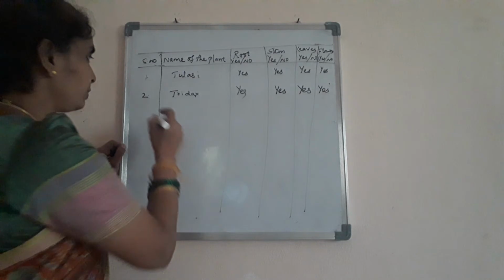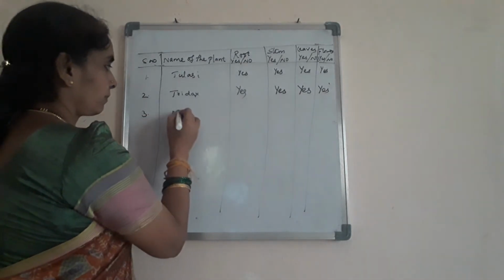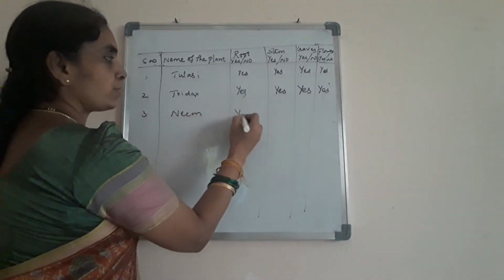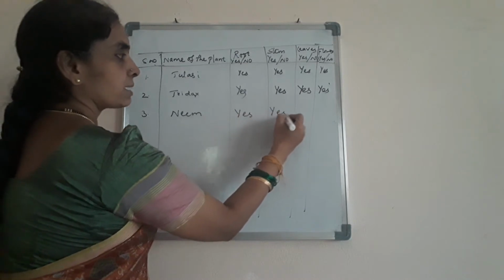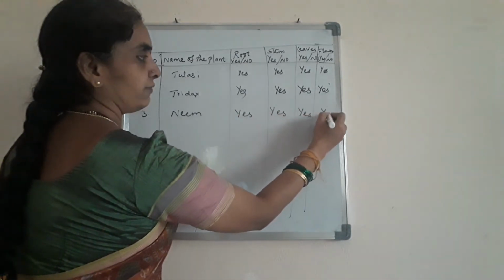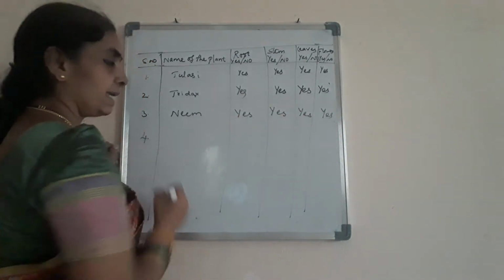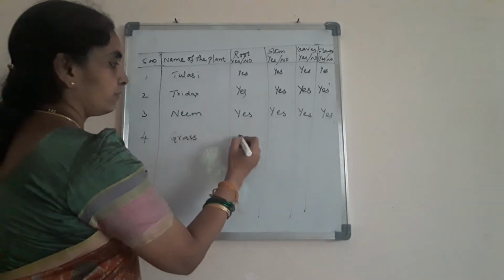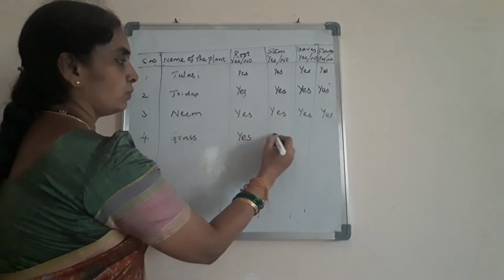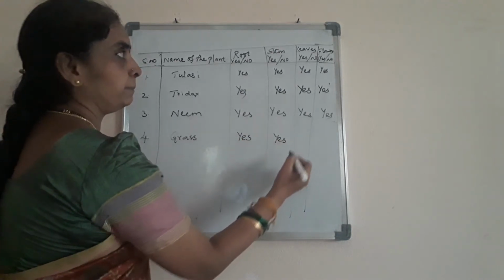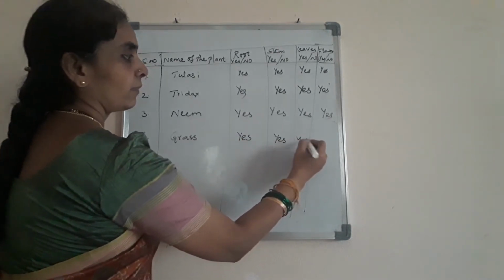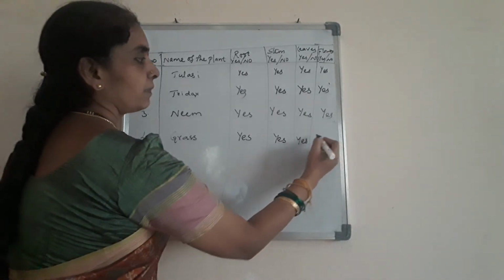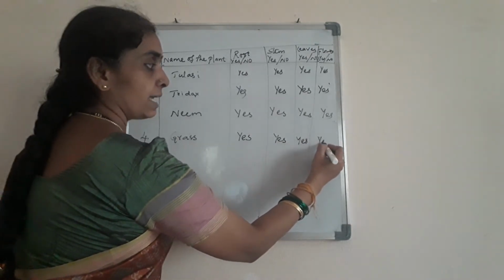Next I have shown you the neem. It also contains the root system, stem, leaves and flowers. And the next one I have shown you is grass. For that you found roots, stem, leaves and flowers it has.